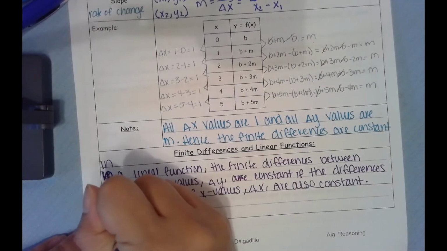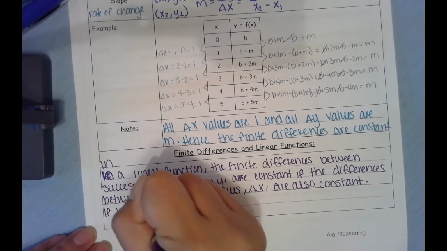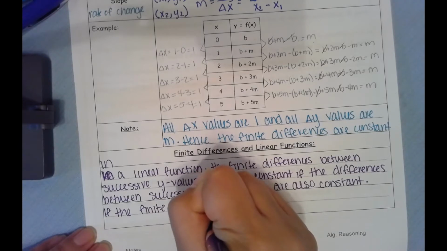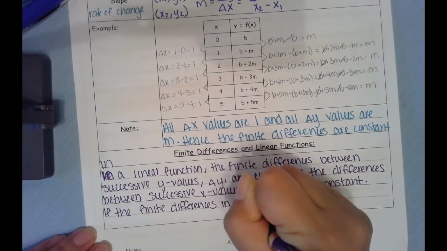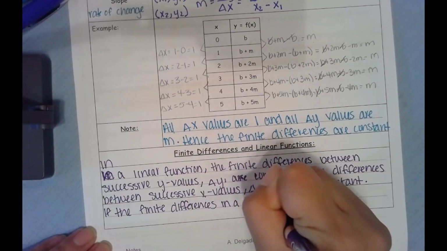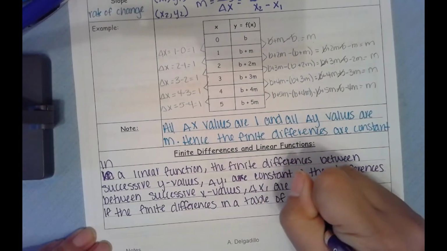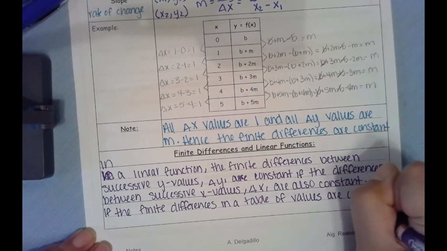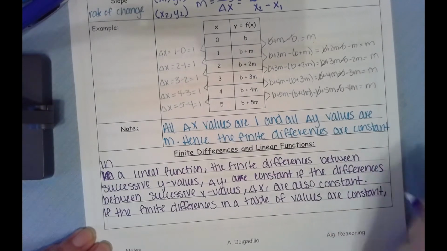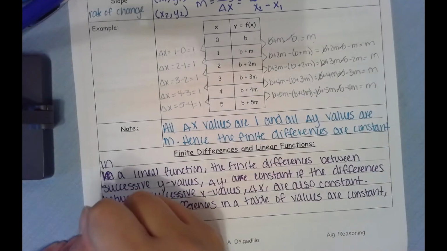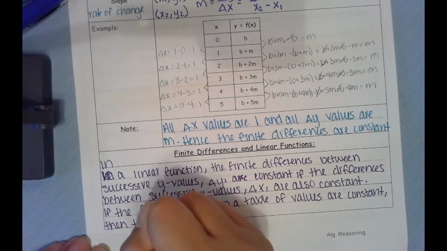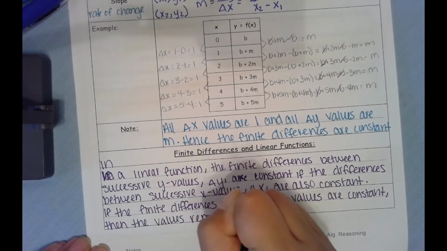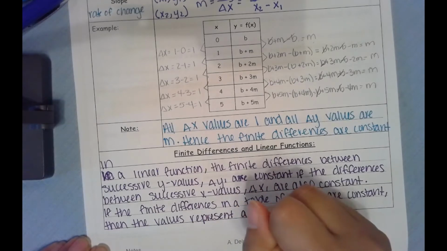And then if the finite differences in a table of values are constant, then the values represent a linear function.